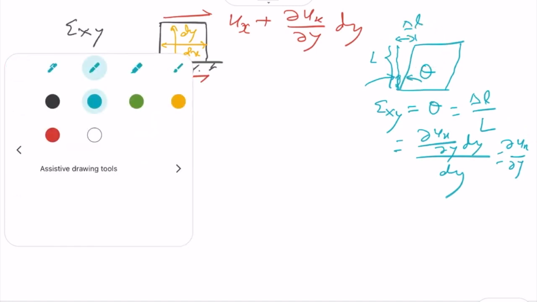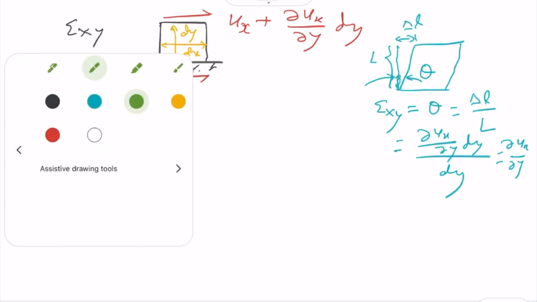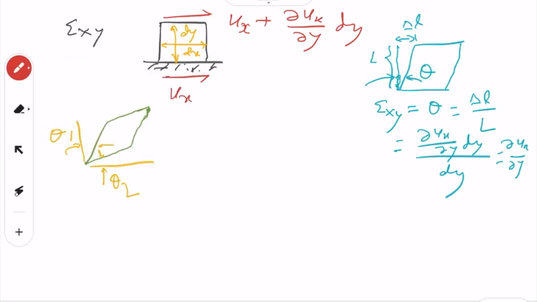Similarly, for the other case, instead of having it like this, now we are giving it like this.